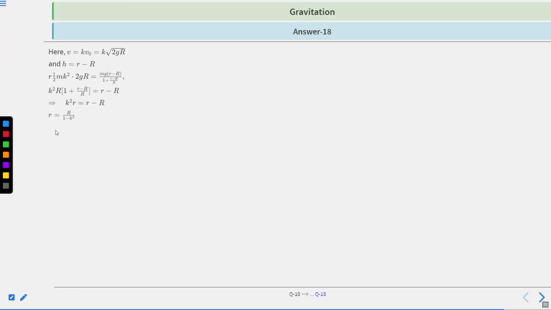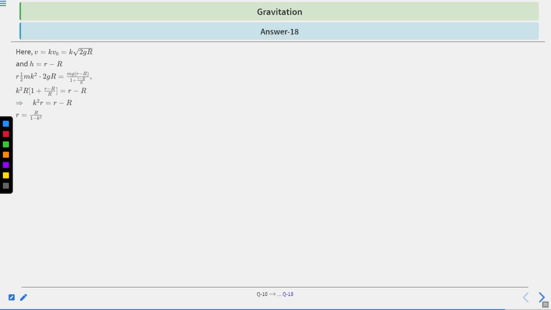Here v is equal to k v0, and v0 is equal to the square root of 2gR, the escape velocity, and h equals r minus R. Solving this equation, you will get k square R is equal to r minus R. Then r is equal to R upon 1 minus k square.